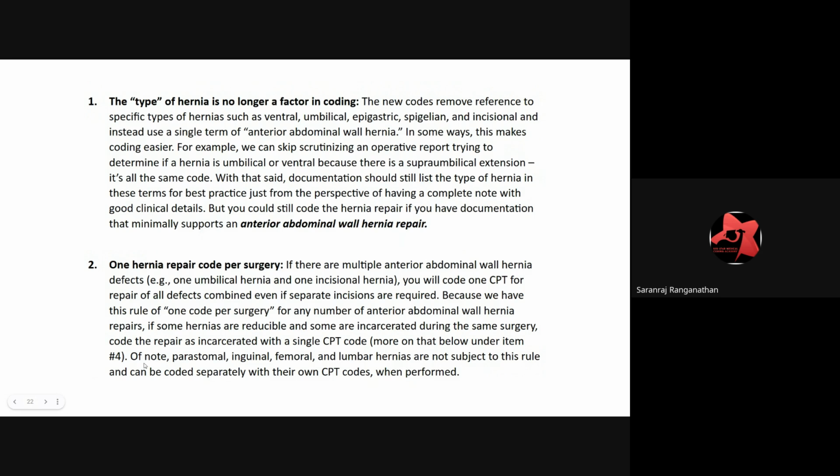Okay. Let's note parastomal or inguinal or femoral or lumbar hernias are not subject to the rule and can be coded separately with their own CPT code when performed. So for these, we have to use separate codes. No need to add the combined code. One code per surgery, that one, no need.